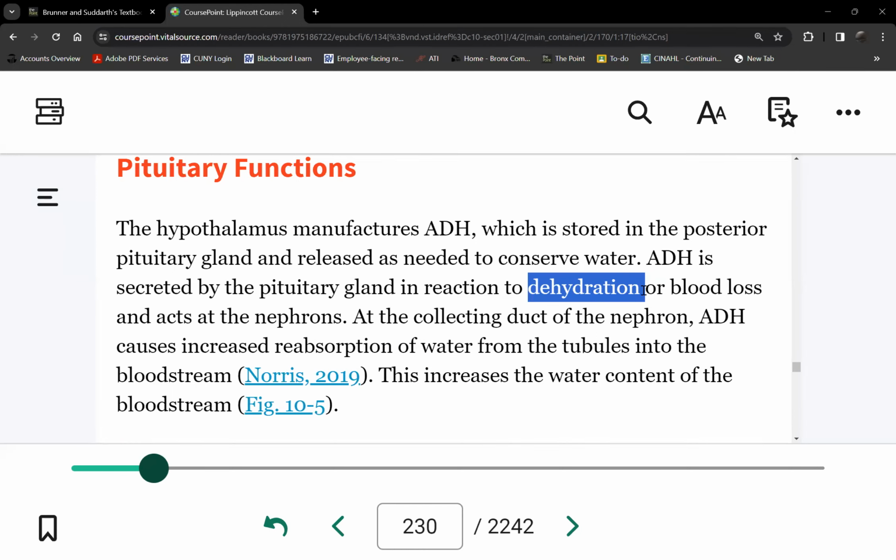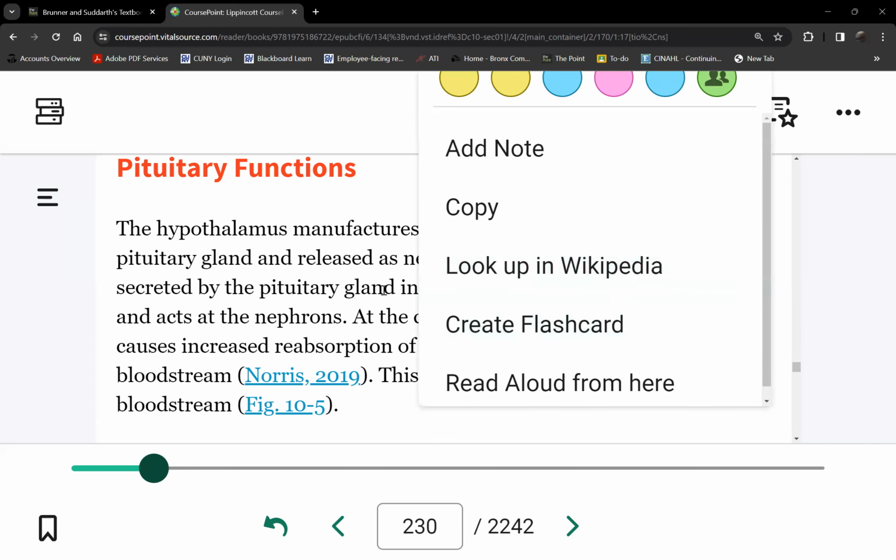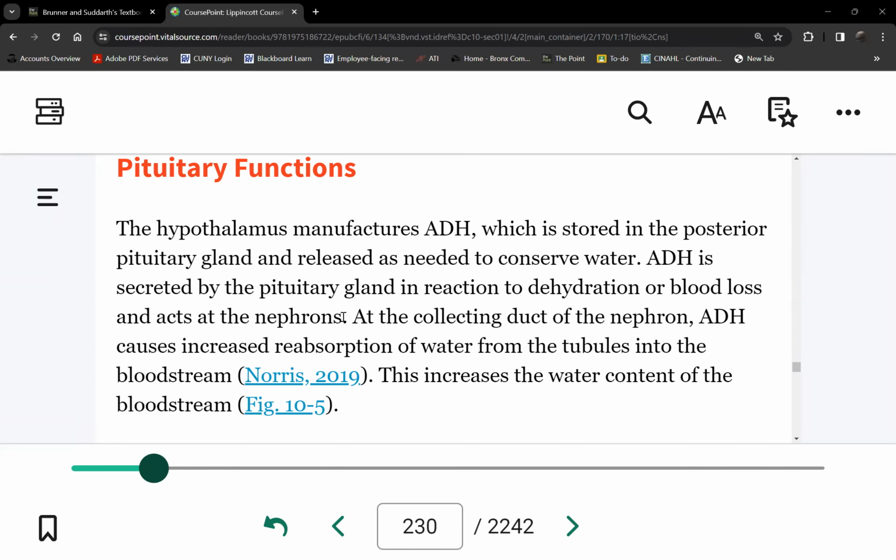And what will the ADH do? It commands the kidneys to reabsorb water. Kidneys will ask, how much? Well, just respond. The higher the ADH level, the more water will be reabsorbed, depending on the serum osmolarity. The higher the serum osmolarity, the more ADH will be released. Does that make sense?